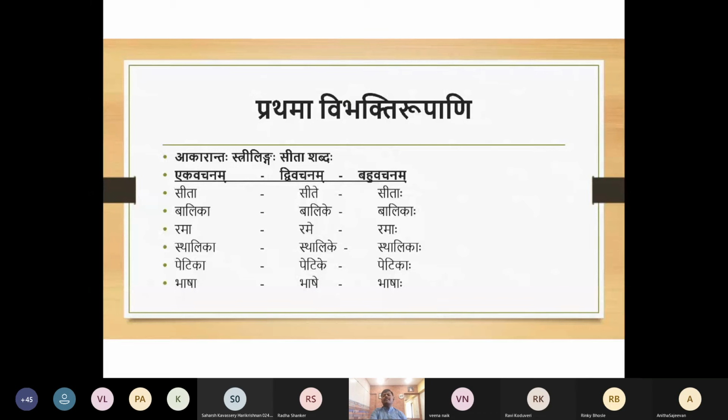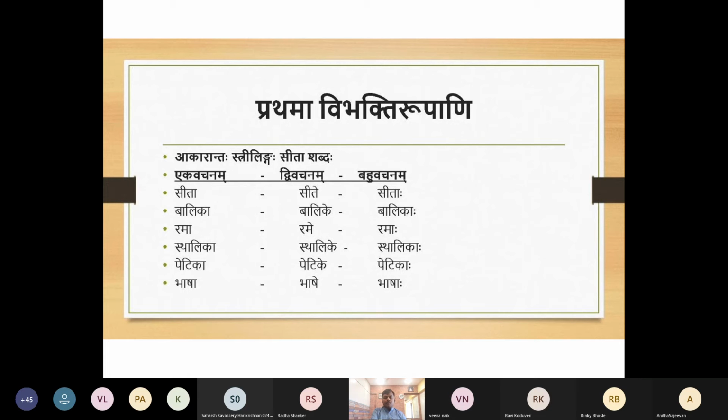Now, Akaranta Strilinga Shabdas, we have already learned it. I am just repeating it because today we have only 10 more minutes. We will only do Prathama Vibhakti, the subject itself. Sita, one Sita, two Sitas will become Site, three Sitas or more will become Sitaha. Balika, Balike, Balikaha. Balika Pashyati, Balike Pashyataha, Balikaha Pashyanti. One girl is seeing, two girls are seeing, three or more girls are seeing.